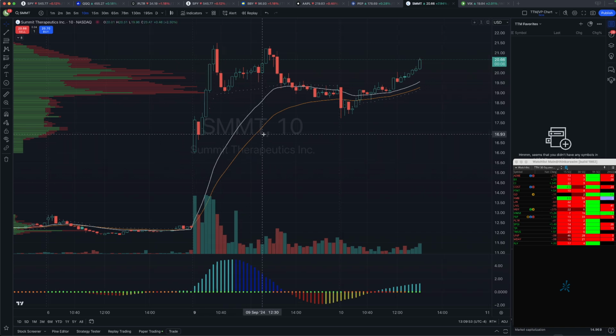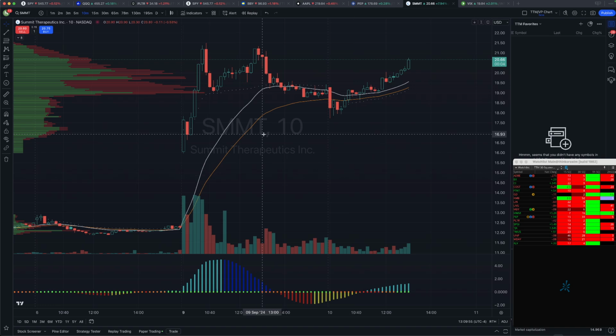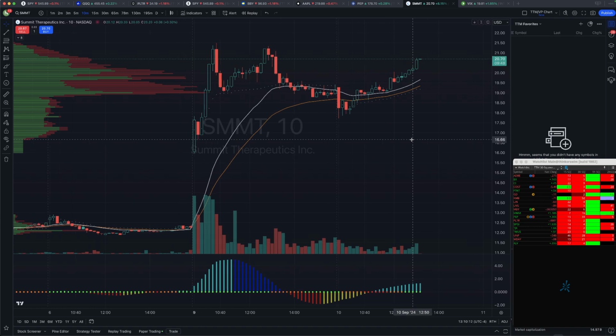To the new person, it would appear that we just opened up our trading platform and typed in SMMT and said, oh, I think this looks good right here, I'm going to buy it right now. And that occasionally will happen as you're scanning and looking for things. But what really happens is the grind behind the scenes.